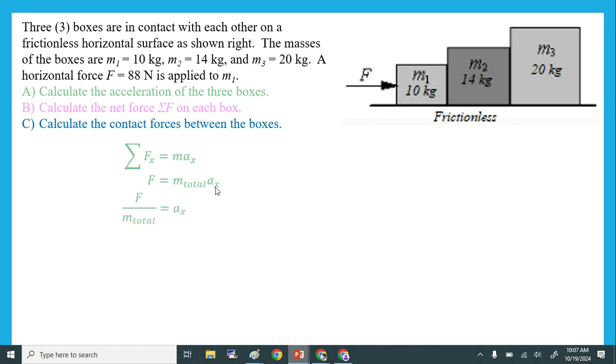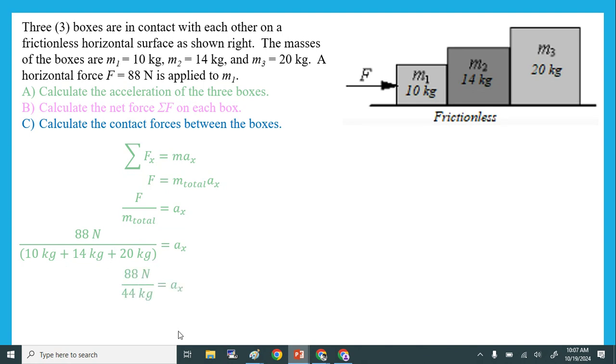Therefore, I can solve for ax by dividing both sides by M total, just to get the algebra out of the way first. And then from here, we can plug values in. F is equal to 88 newtons, which is given in the wording, not the schematic. The schematic calls it F, but F in the wording is 88 newtons. And then the total mass, I plug in the denominator: the first mass is 10 kilograms, the second mass is 14, and the third mass is 20.